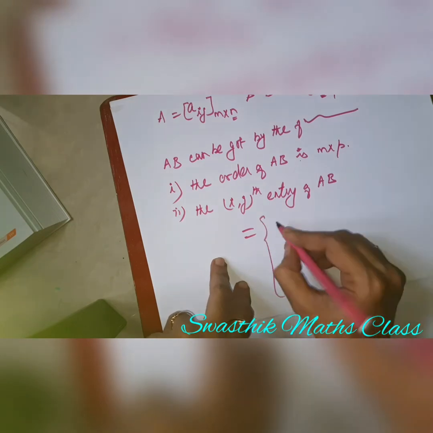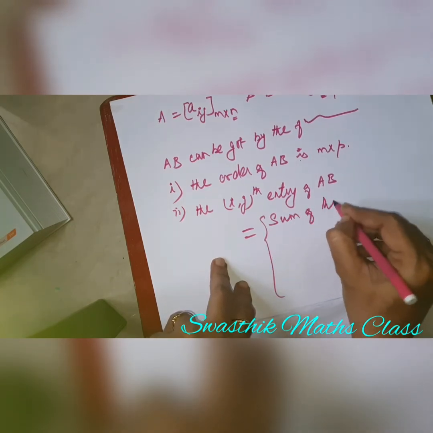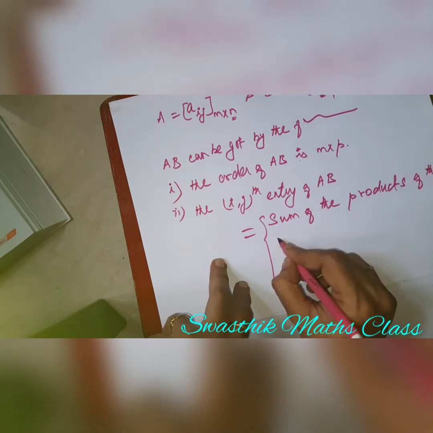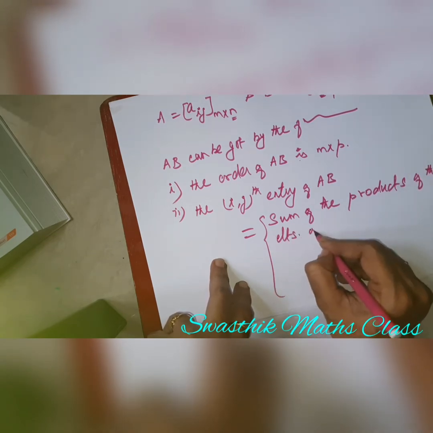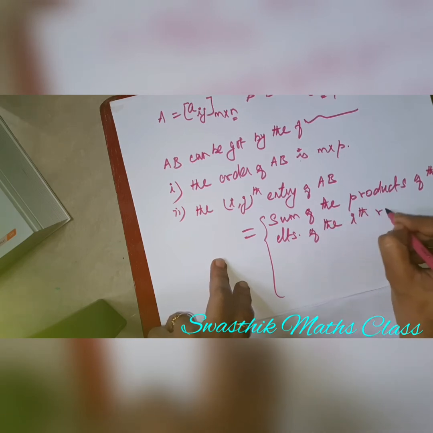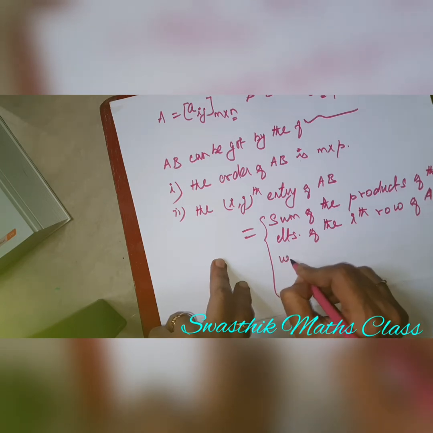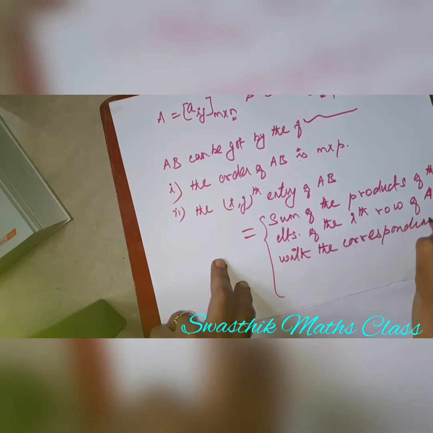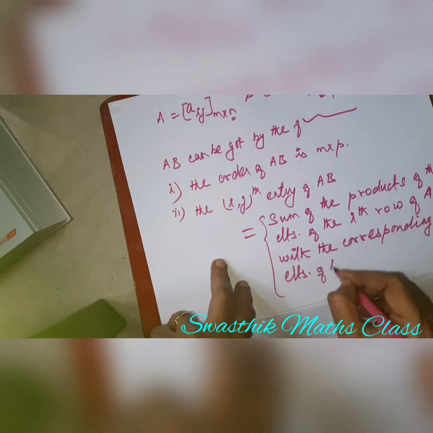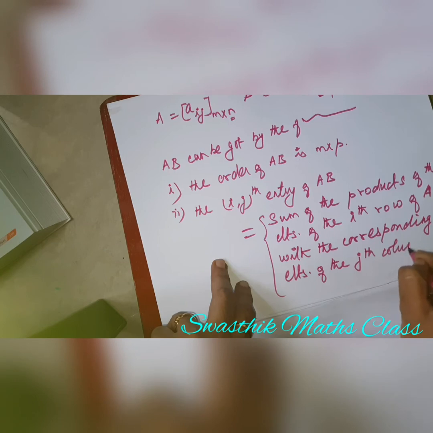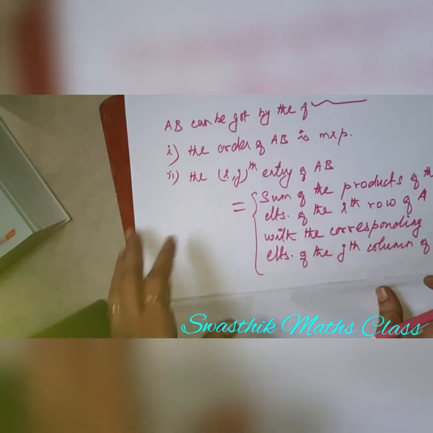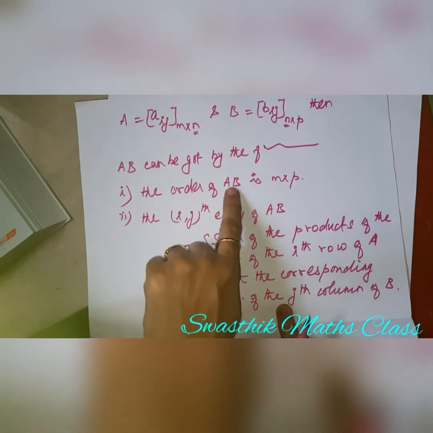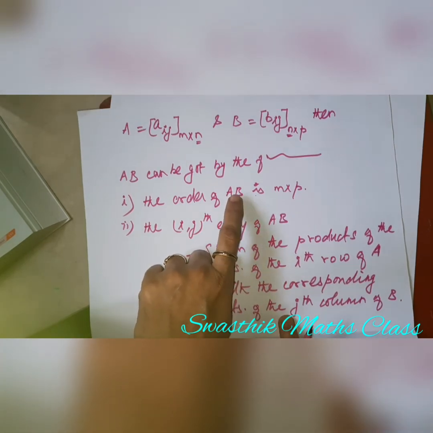It is equal to the sum of the products of the entries of the ith row of A with the corresponding entries of the jth column of B. Okay, so this is the procedure for finding the ijth entry of the new matrix AB whenever the product AB exists.